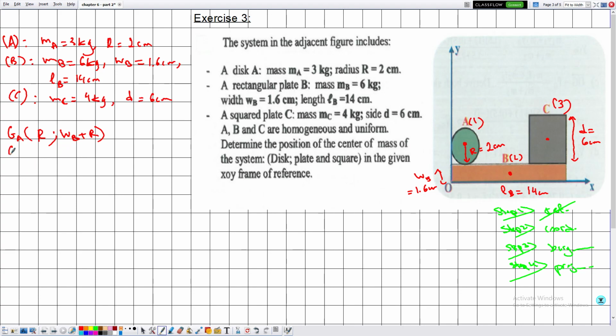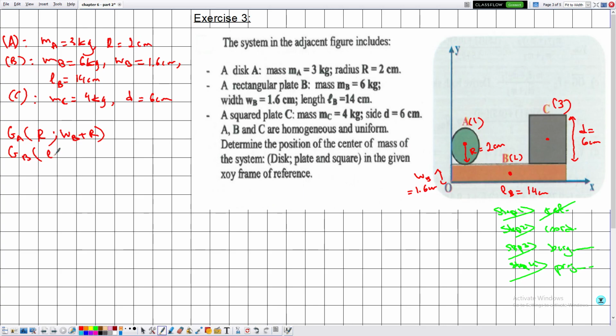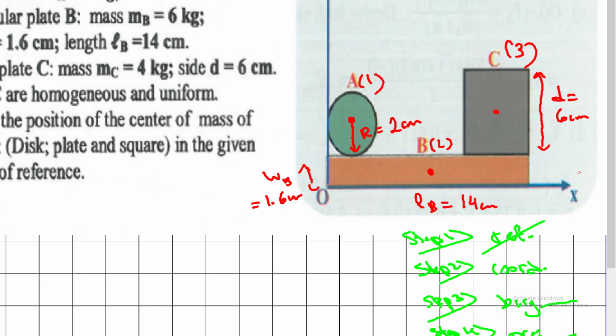Okay. As for GB, this is the center GB located at a distance LB divided by 2 as an abscissa, and then as an ordinate WB divided by 2.